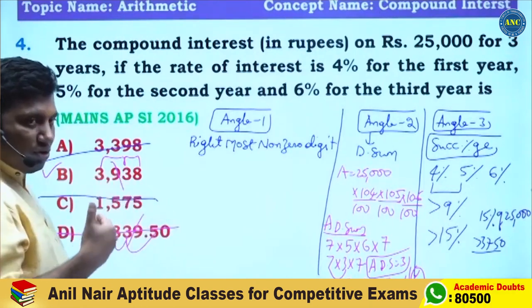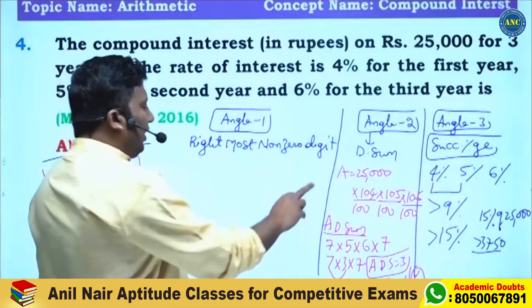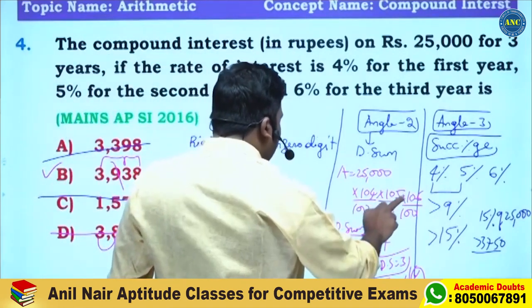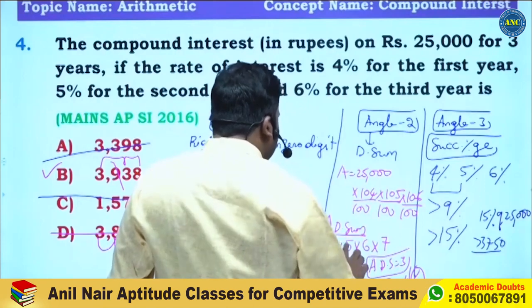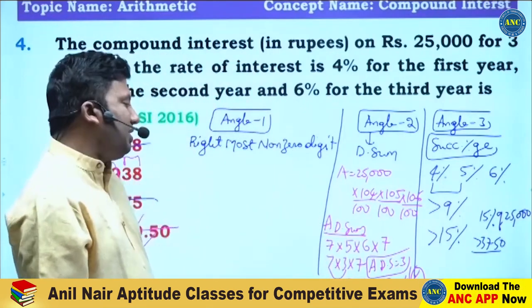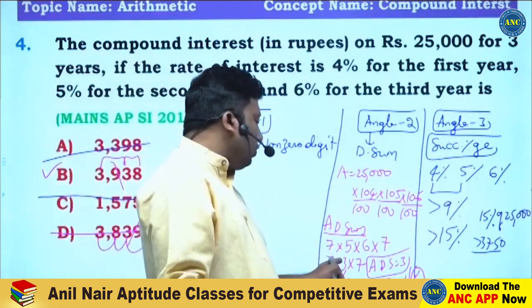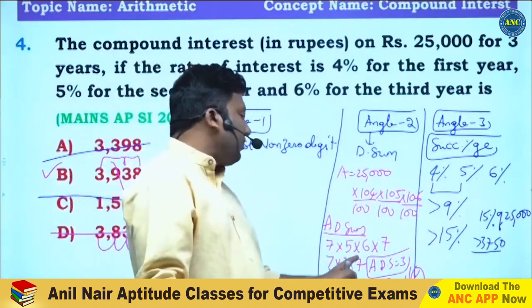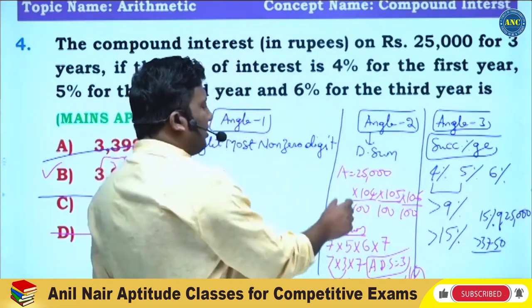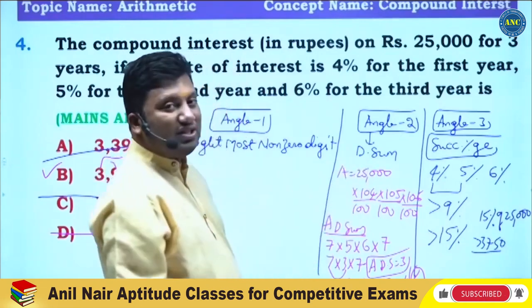Now if I use the digital sum concept: 25,007, 104 is 5, 105 is 6, 106 is 7. 6 5s are 30, digital sum 3. 3 7s are 21, 2 plus 1 is 3. Amount digital sum is 3. Principal digital sum is 7.